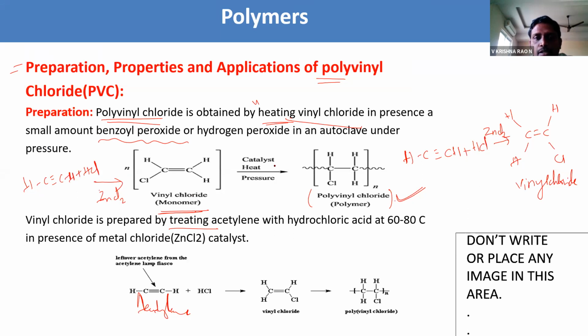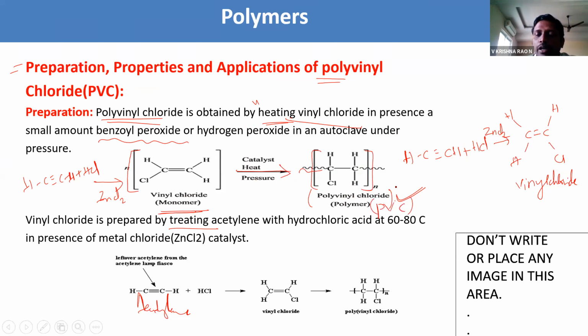Polyvinyl chloride is obtained by heating vinyl chloride in the presence of a small amount of benzyl peroxide. The monomer vinyl chloride, in the presence of a catalyst under pressure, gives the polymer polyvinyl chloride, commonly called PVC.